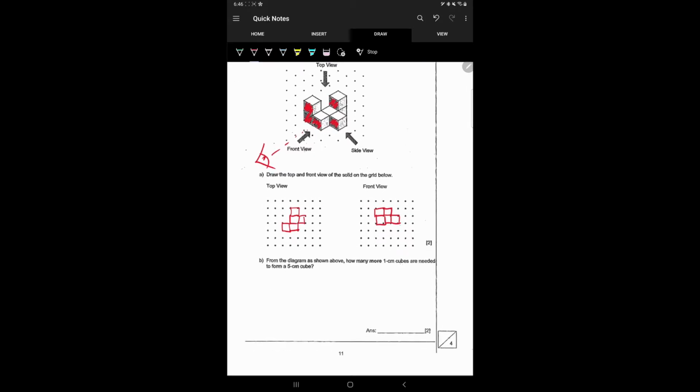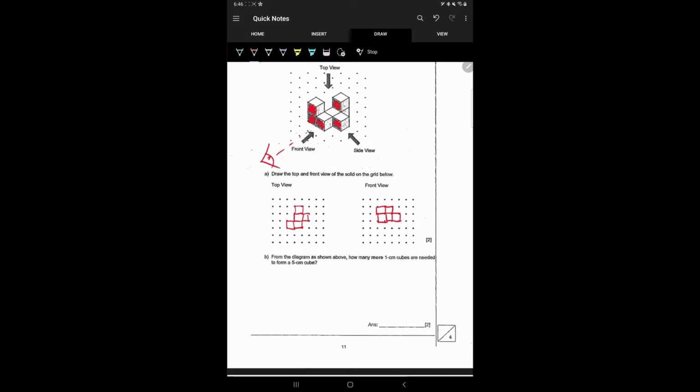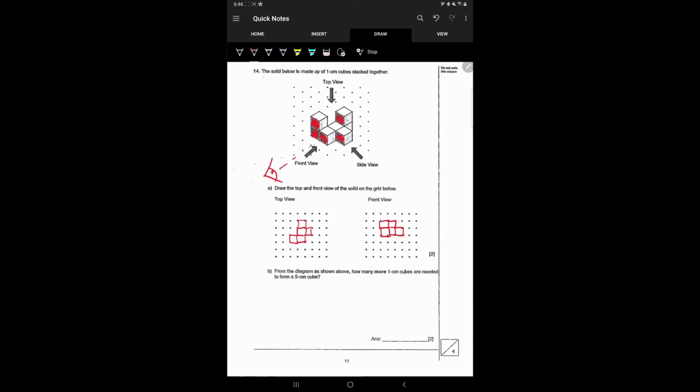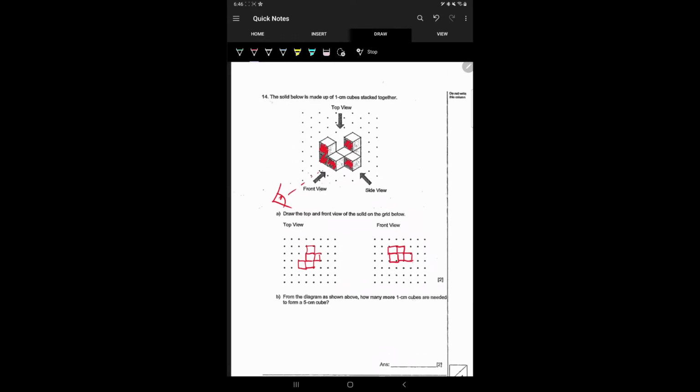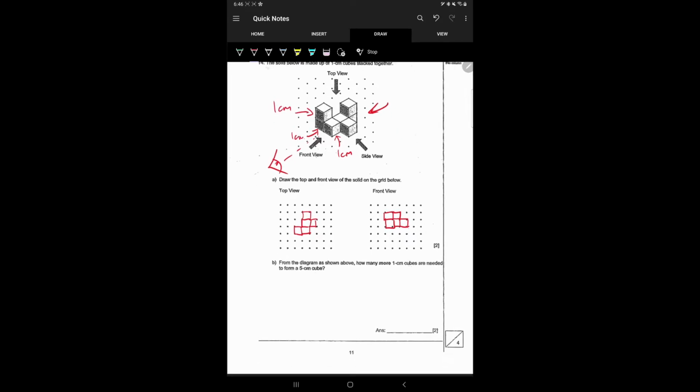So now they ask you from the diagram as shown above, how many more 1 cm cubes are needed to form a 5 cm cube? So they tell you that this whole diagram are all 1 cm cubes, which means this side is 1 cm, this side is 1 cm, this side is 1 cm. So a 5 cm times 5 cm cube basically means all the different sides are all 5 cm.